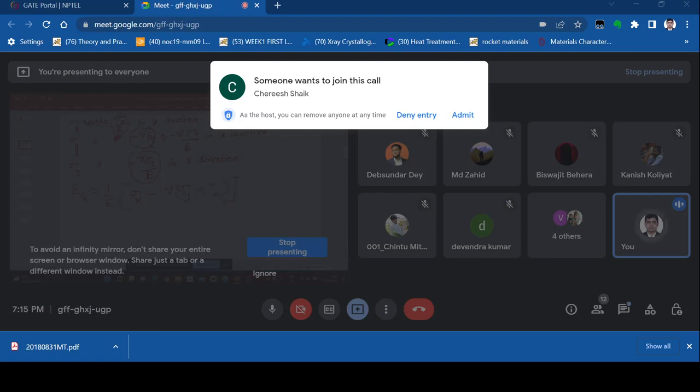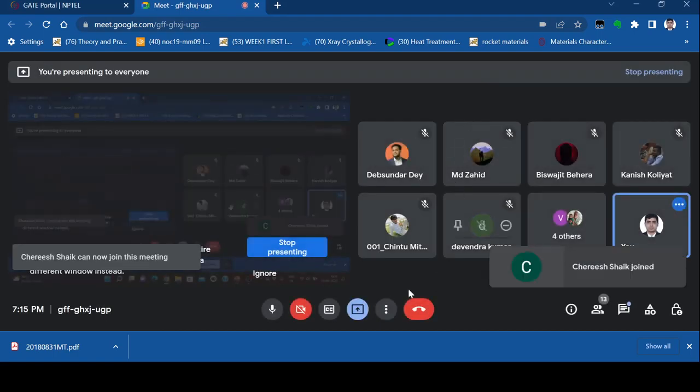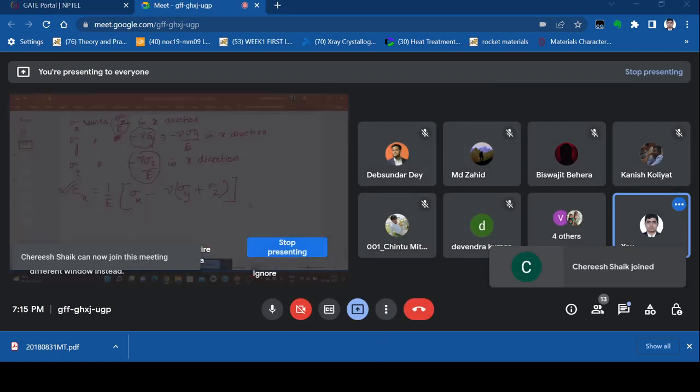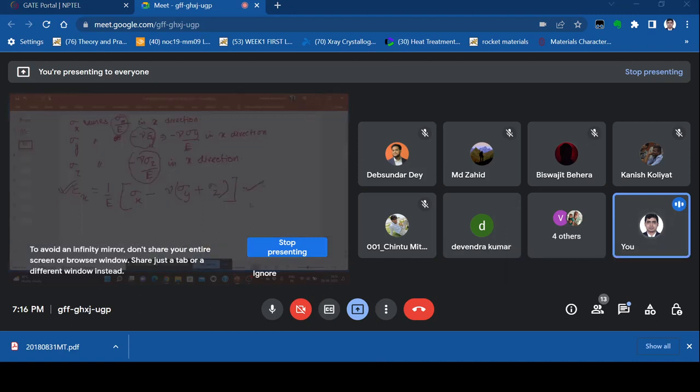So this will be the total strain in x direction. Is it clear? Yes. So we can also calculate epsilon y. So this is the total strain in y direction.